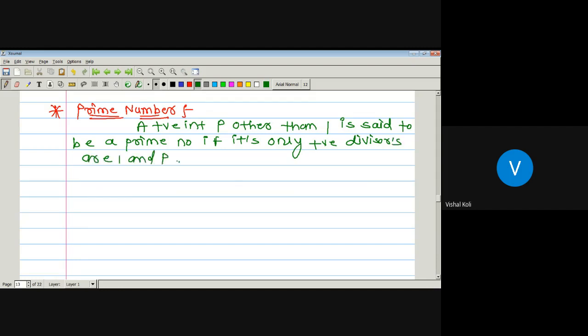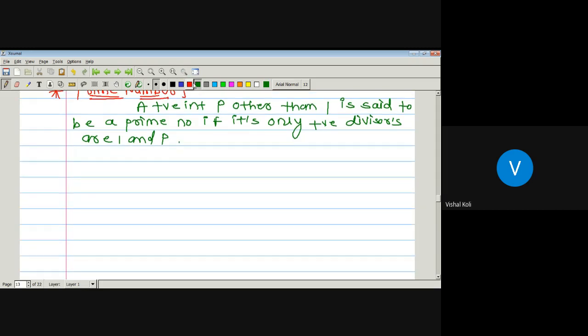Then by the definition of prime number, tell me what is a composite number? Whether 1 is a composite number?